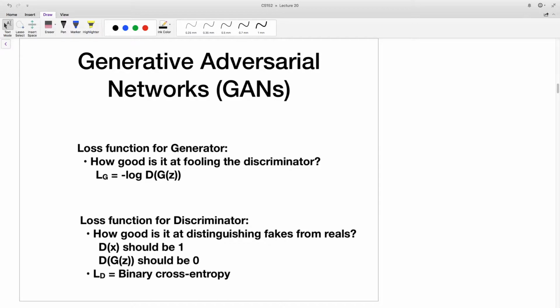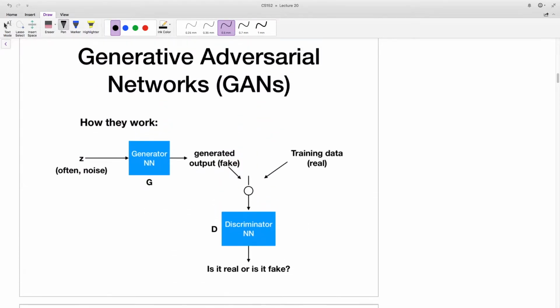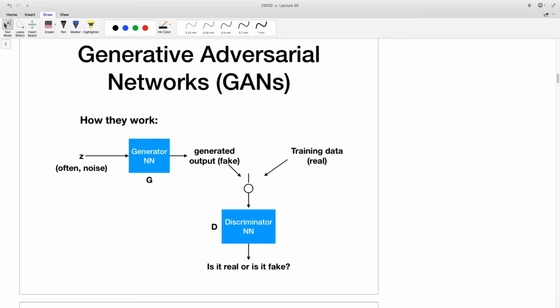And then we will look at the gradient with respect to this loss. As we're propagating back the gradient, you'll notice it's going to run through the discriminator, and then back through this generator.